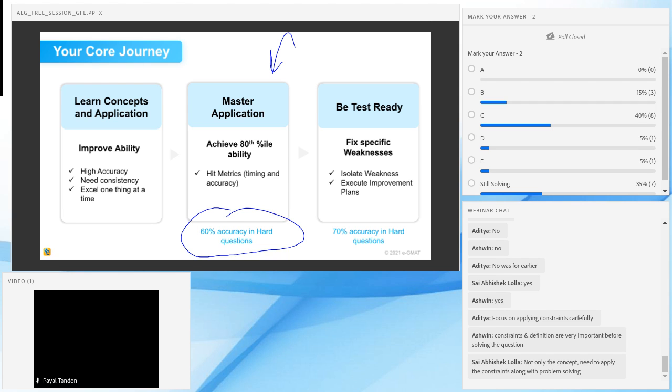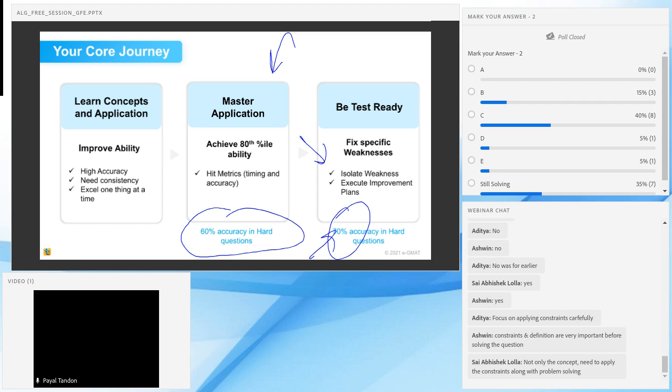But now, when you are working in stage three, which is your test readiness mode, that's where you have to further increase your accuracy in hard questions from that 60% to 70%, which means that out of the 10 questions that you're solving in a particular quiz, you need to be able to answer one additional question correctly. Which happens if you get that precise feedback so that you can fix your specific weaknesses.